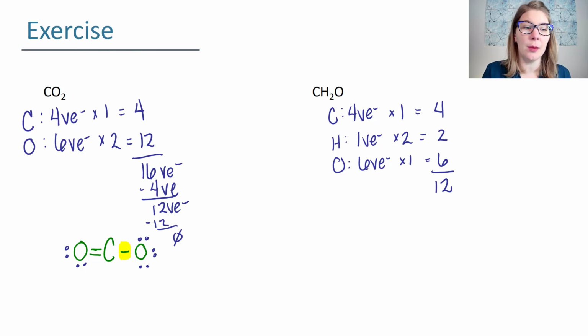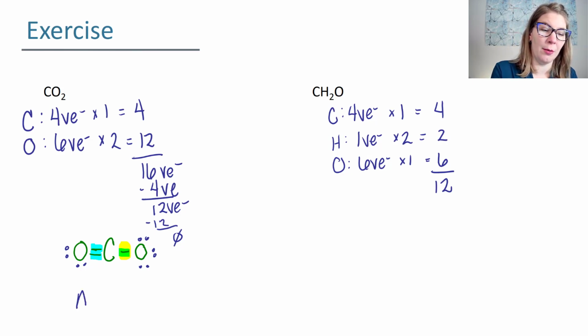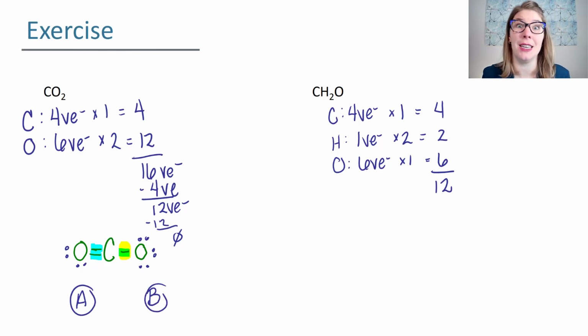Now I look at my carbon and I have 2, 4, 6 valence electrons around it. Not enough. I need another bond. So at this point, we need another pair of oxygen's electrons to form a bond. The question becomes, do I choose an electron pair from this side, we'll call it side A, or from side B?